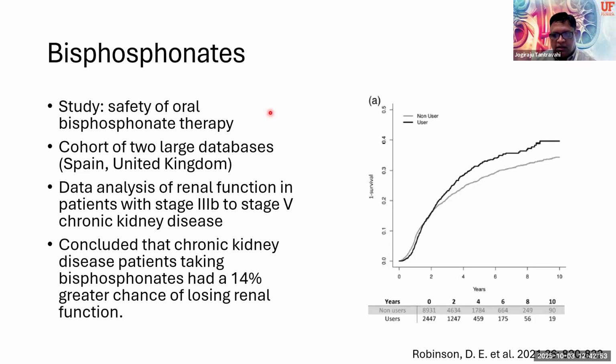Ironically, they also say that bisphosphonate therapy, because you can't lose any more renal function, might be appropriate in certain cases for individuals with high turnover disease who have end-stage renal disease. Okay? But right now, bisphosphonate therapy seems to be taking a bit of a hit among practitioners who treat bone disease in patients with CKD.